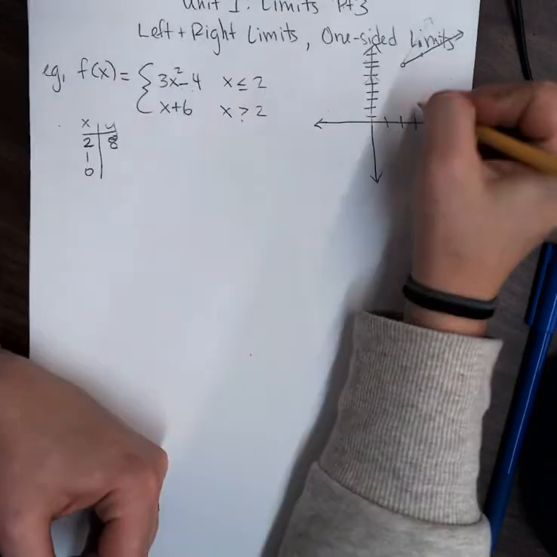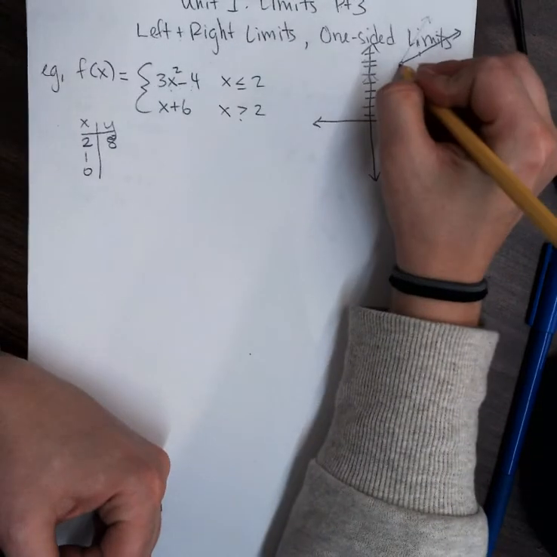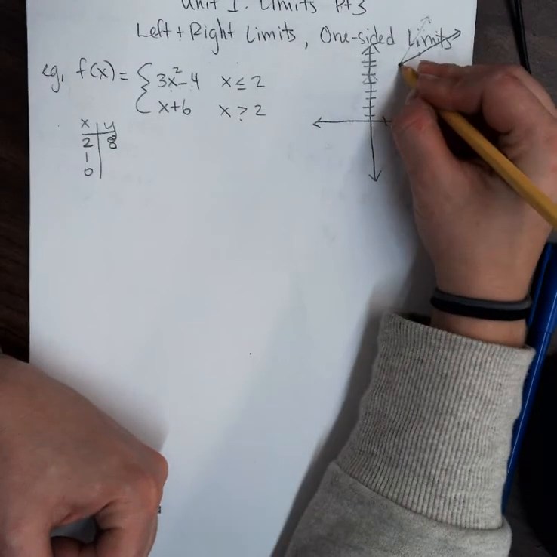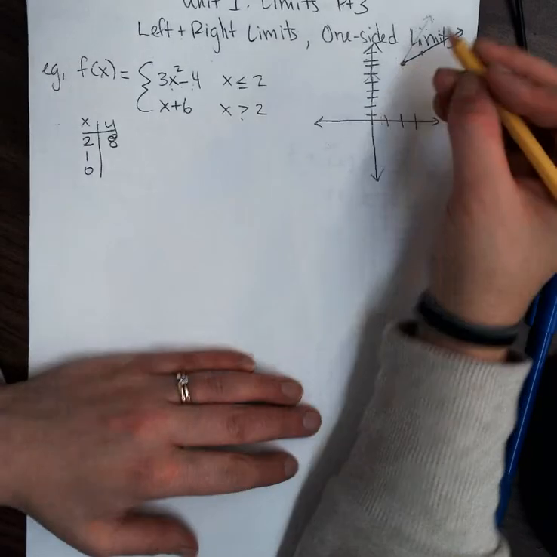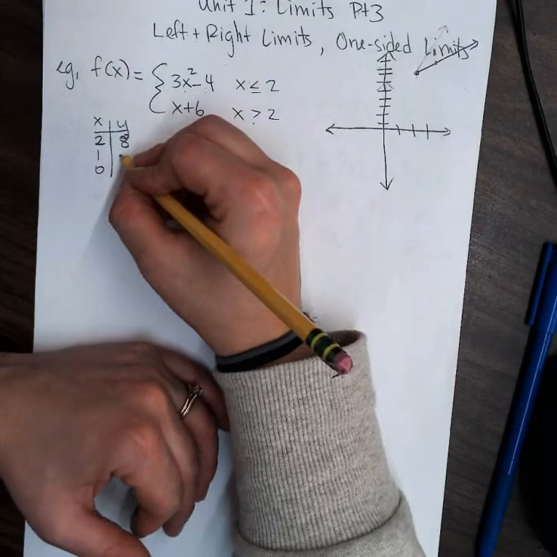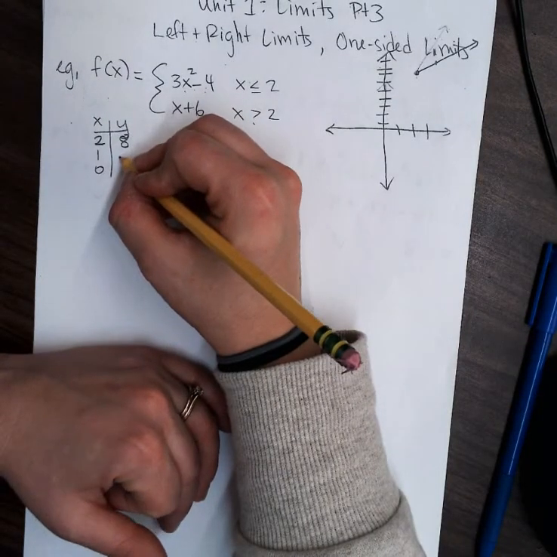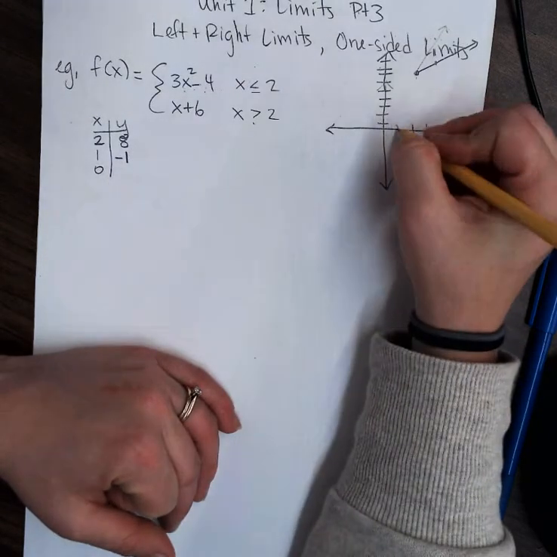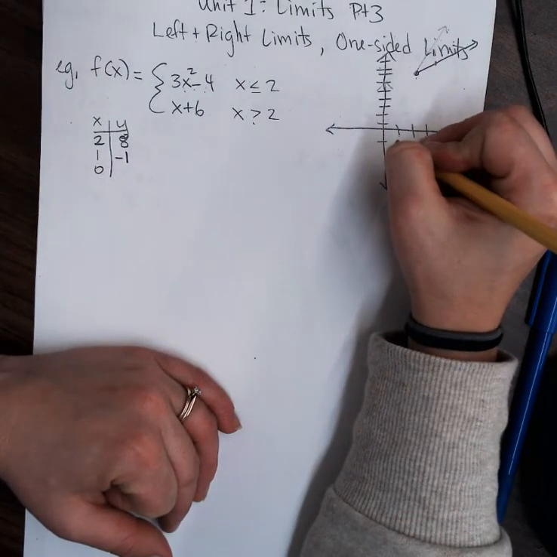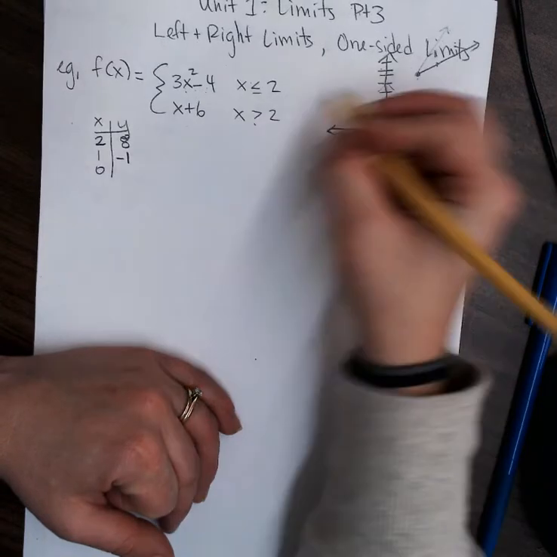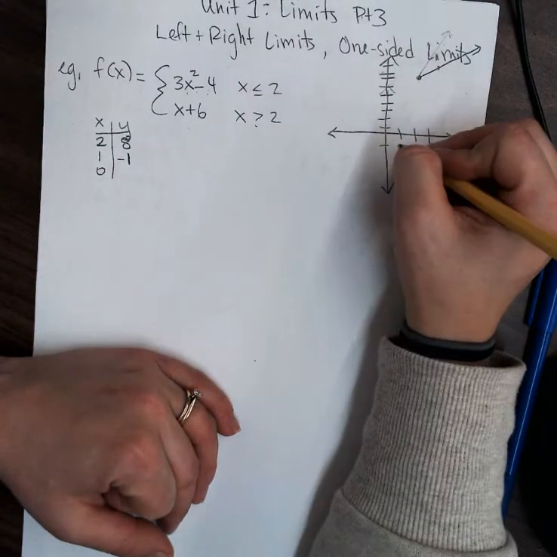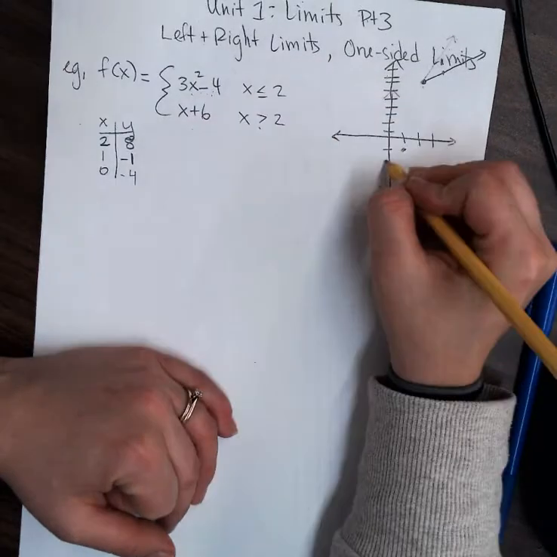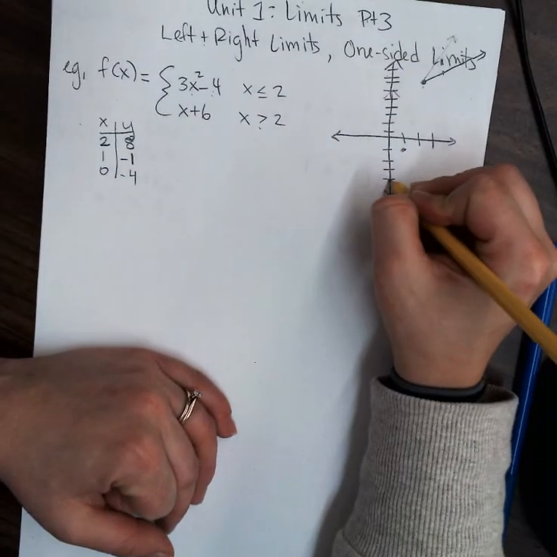So at 2, we actually get an overlap, and we can now fill in this circle because this quadratic function does include 8. At positive 1, we get 3 times 1, which is 3, minus 4, which is negative 1. And at 0, we have 0 minus 4, which is minus 4. So that's actually our y-intercept.